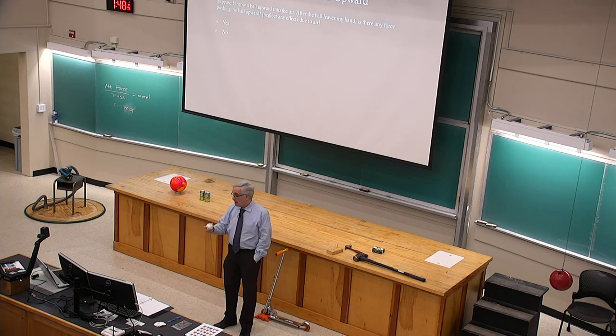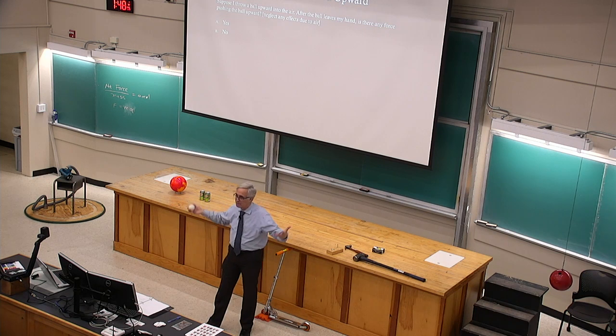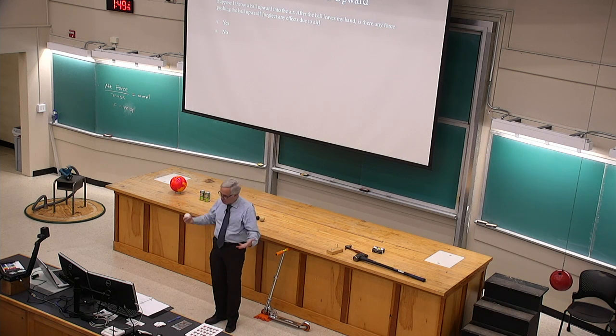So to sort of wrap this up for now, when an object's experiencing only one force, its weight, it's a falling object. That's what falling means. In my vocabulary, falling means experiencing only your weight and therefore accelerating in response to it.